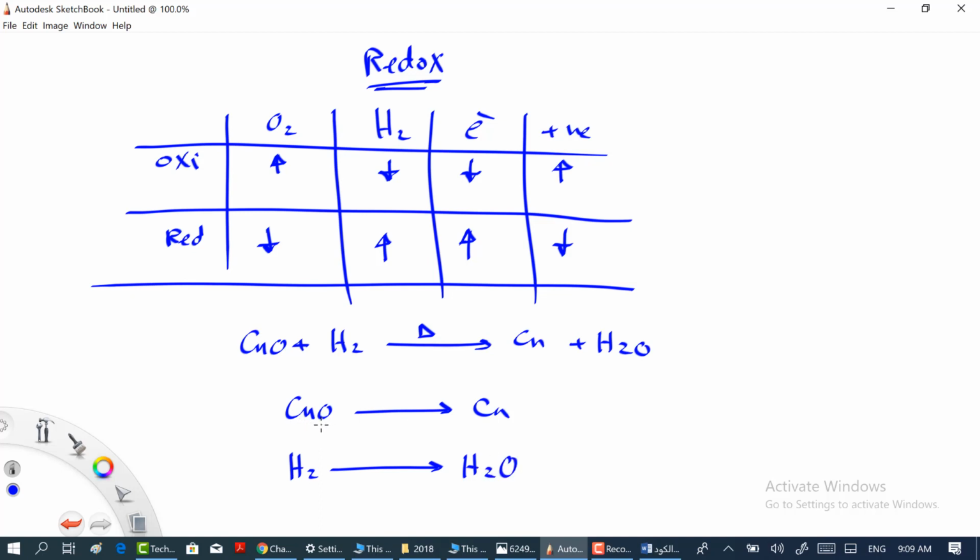The copper loses the oxygen, so it is reduction, and we can call the copper oxide the oxidizing agent. In this case, the hydrogen gains oxygen, so it is oxidation, and the hydrogen is the reducing agent.